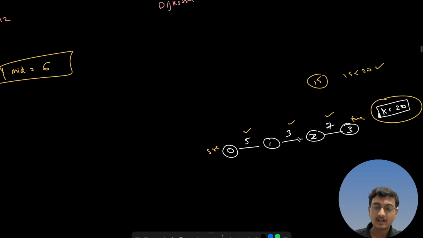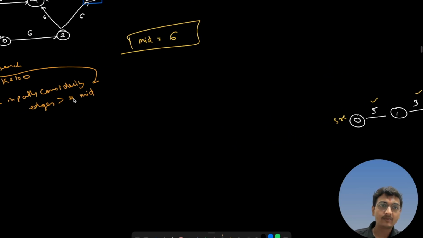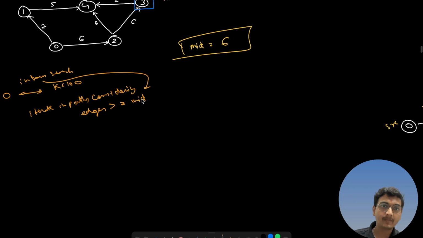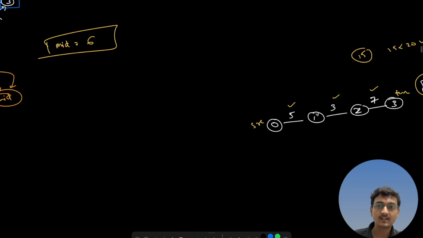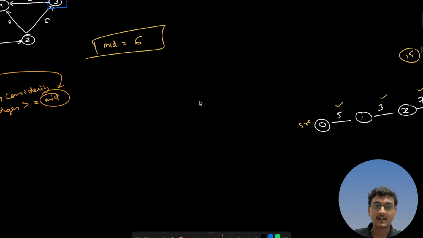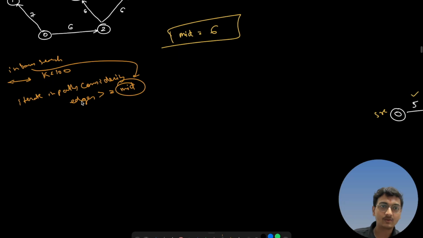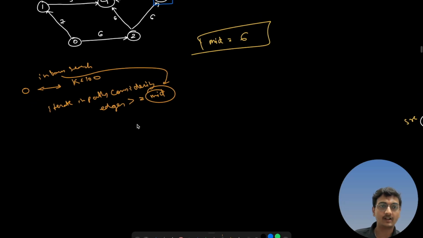Why are we doing this? Because I'm considering that this mid is my answer. So how can this mid be my answer? When this path contains all the edges which are either greater than or equal to that mid. I hope that is clear why we are using edge greater than or equal to mid. Let me again explain.